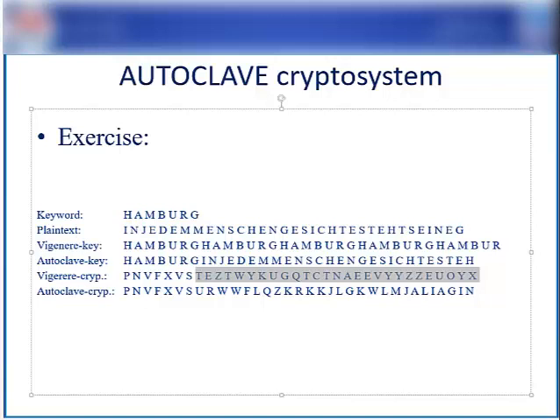In the autoclave cipher, after the keyword, the plaintext itself is used as a key, and since in the key there is no repetition, it is impossible to guess the key length, and this in its own turn makes frequency cryptanalysis impossible.